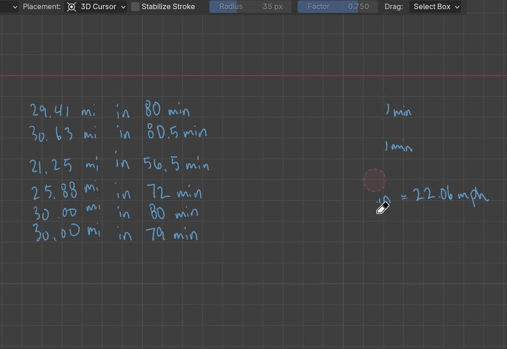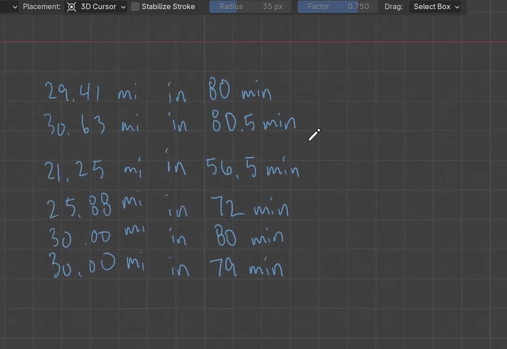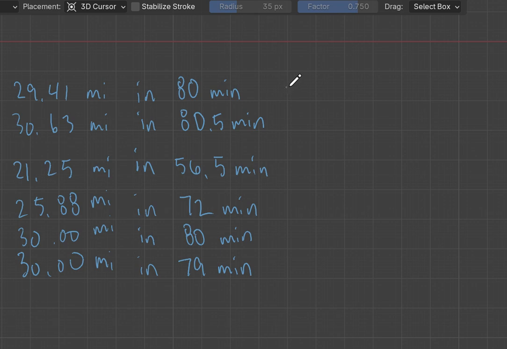So I'm gonna do the same thing with the rest of the values and get the corresponding miles per hour. So this one I said was 22.06 miles per hour. This one, if I divide 30.63 by 80.5 and then multiply by 60, you get 22.83 miles per hour.